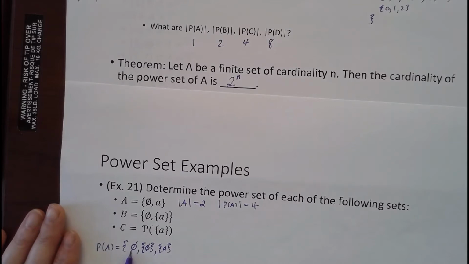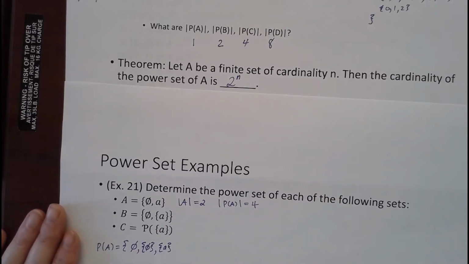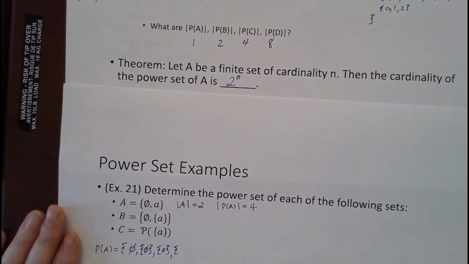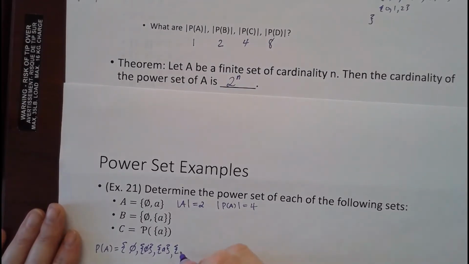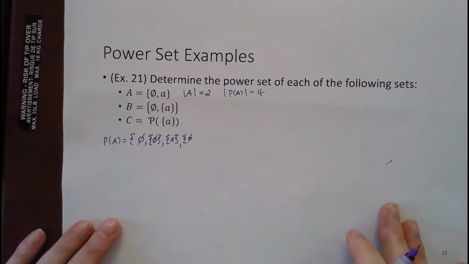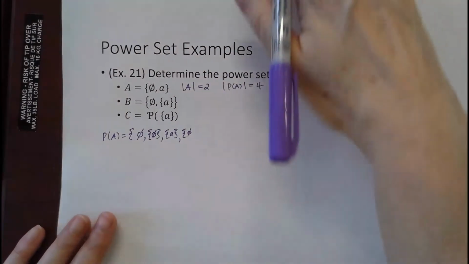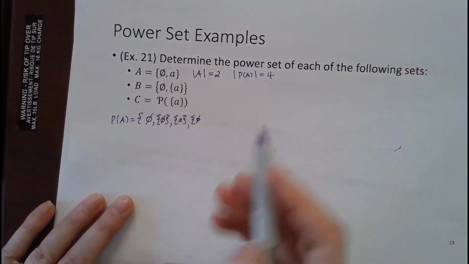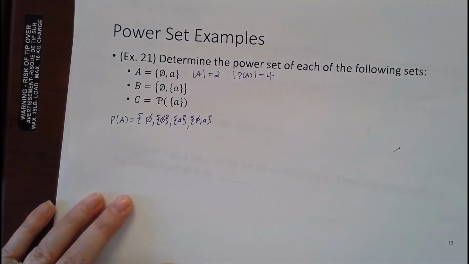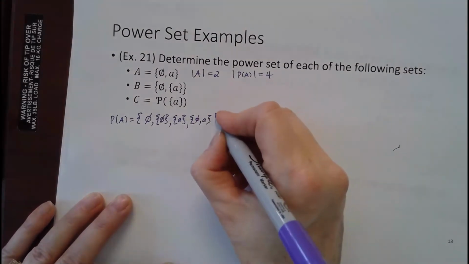So we have one thing of size 0, 2 things with cardinality 1. Okay, and since this has 2 elements, we also should be able to have a 2-element subset. So it contains this first element and the second element. Okay. That's an exhaustive list.